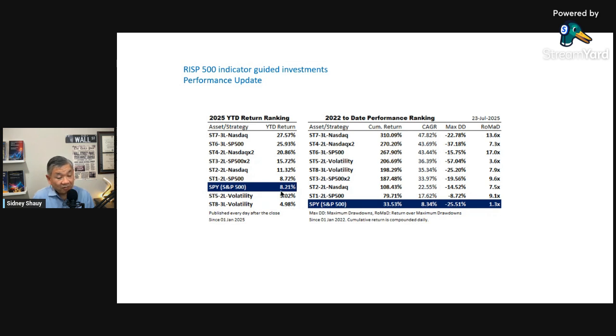Now the S&P 500 is at single digits, at 8%. Most of our other strategies are doing much better, and on a cumulative basis, the return of our other strategies is speeding like crazy.